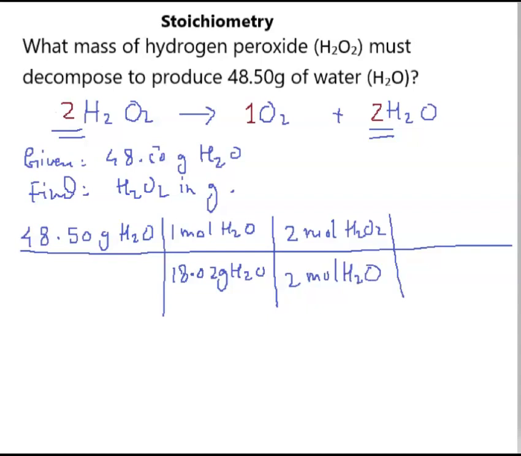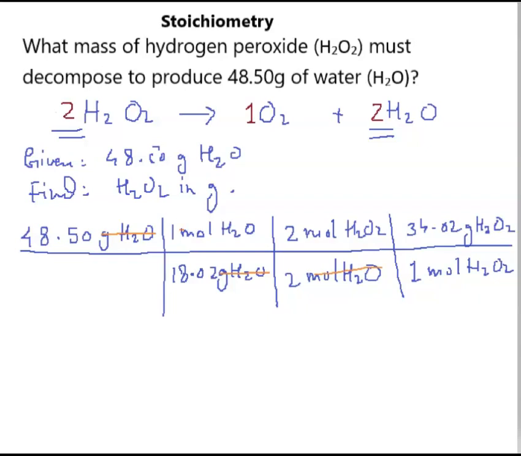The last conversion is 34.02 grams of H2O2, 1 mole of H2O2. Now I'm just going to use another color. We can cancel out each value. So this cancels out. What else cancels out?